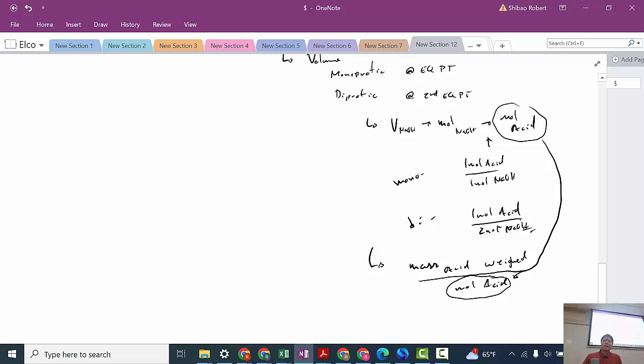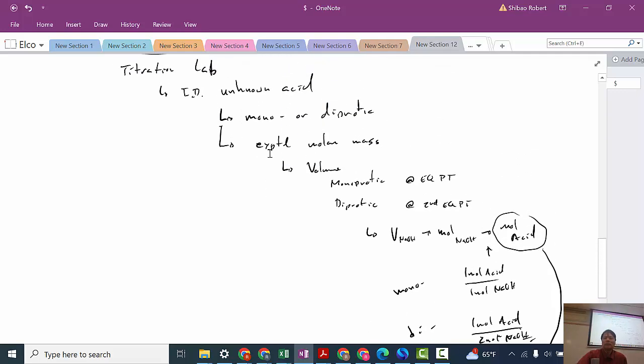That's going to give us the molar mass of the acid. And so now we have 2 pieces of information that we can use to identify our unknown: the experimental molar mass, and whether it's monoprotic or diprotic, in case there's some overlap with the molar masses.